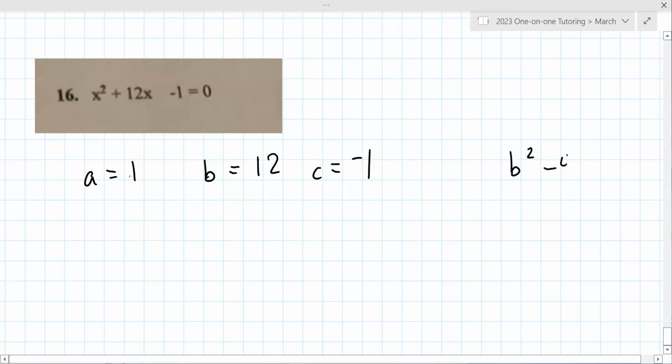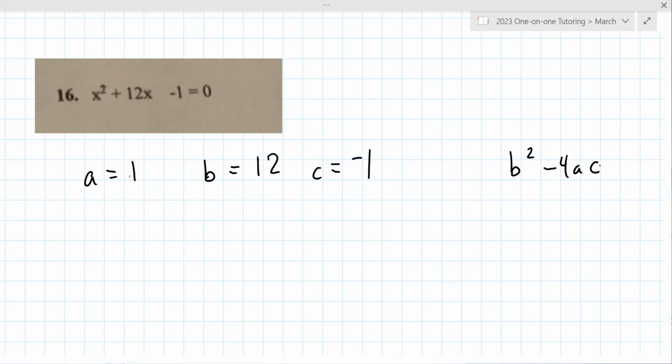I'd like you to calculate the B squared minus 4AC again. 148.